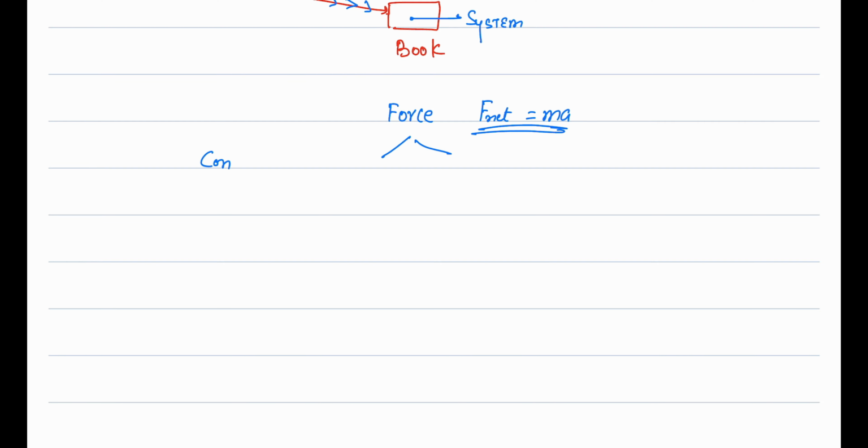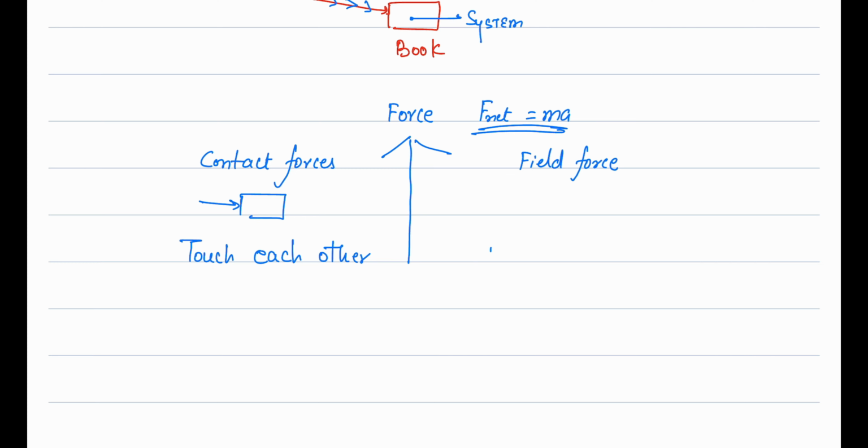Contact forces, and second is field forces. Okay, contact you understand. Let's say this is the body and if you apply your hand, this is called contact, when two bodies are actually in contact, touching each other.